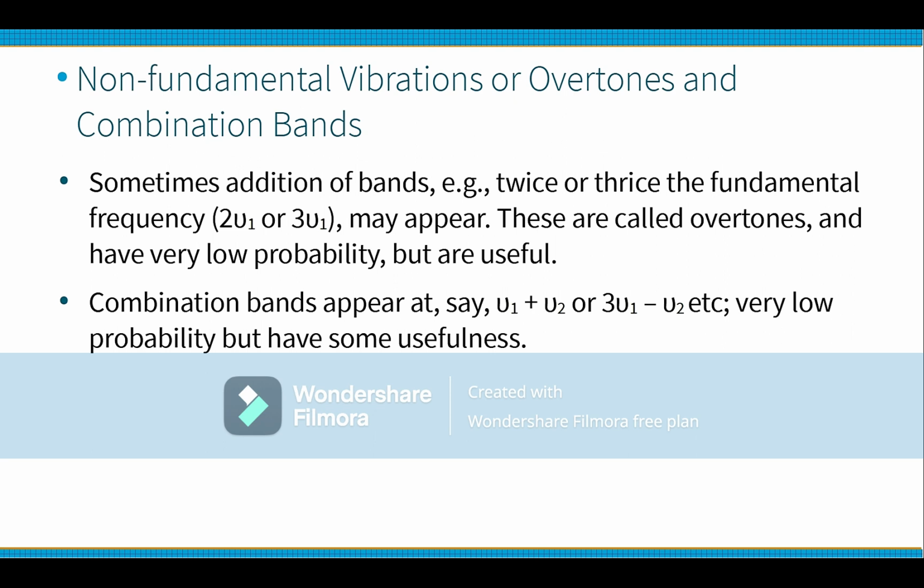Sometimes 2 frequencies may add up, nu 1 plus nu 2, or sometimes twice of one frequency minus some other frequency. Overtones means twice or thrice the original frequency, and combination means addition and subtraction.